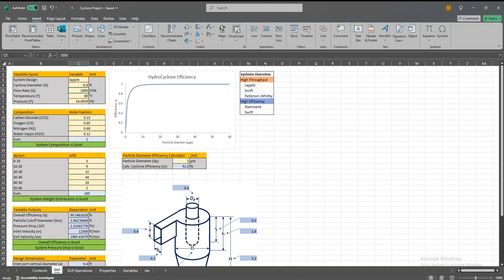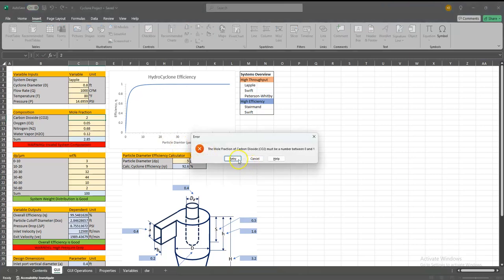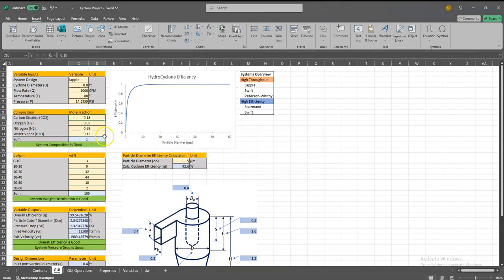Step 5 is to set the inlet composition of the flue gas stream. Here, the values need to be between 0 and 1, or else an error will occur. Again, hit retry to do a different value, or cancel to restore the original value.